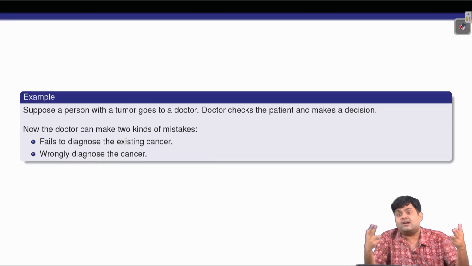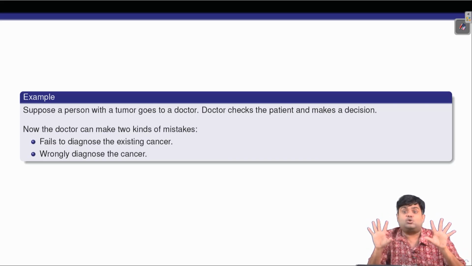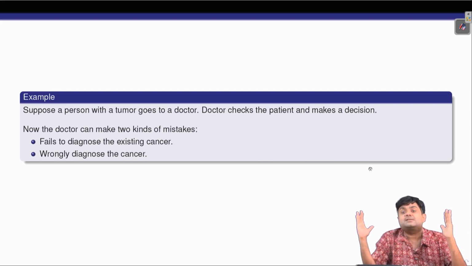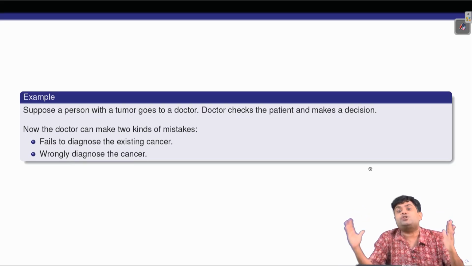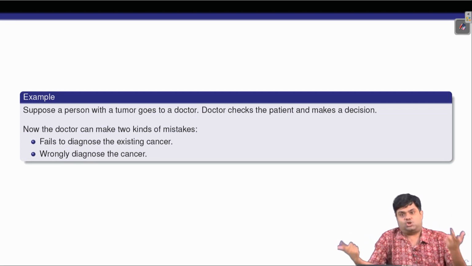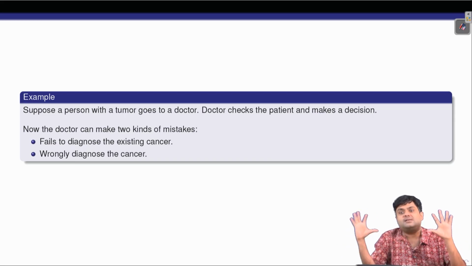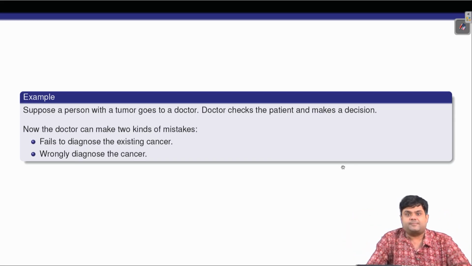The two types of errors the doctor can make are not symmetric. They do not have consequences of the same magnitude. One of them has far worse consequences than the other. So this is the default choice in an analysis, if there is some default choice available and there is an alternate choice, that is the scenario of hypothesis testing.